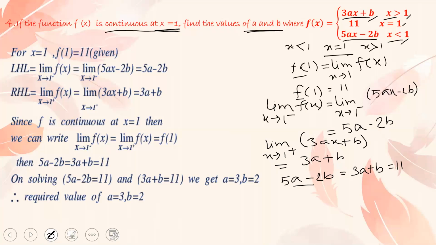Since these two are equal, we can say the limit exists and this value is equal to the functional value at that point. Now if we solve these two equations, we'll get a is 3 and b is 2. So you have to show it. So check whether the function is continuous or not.